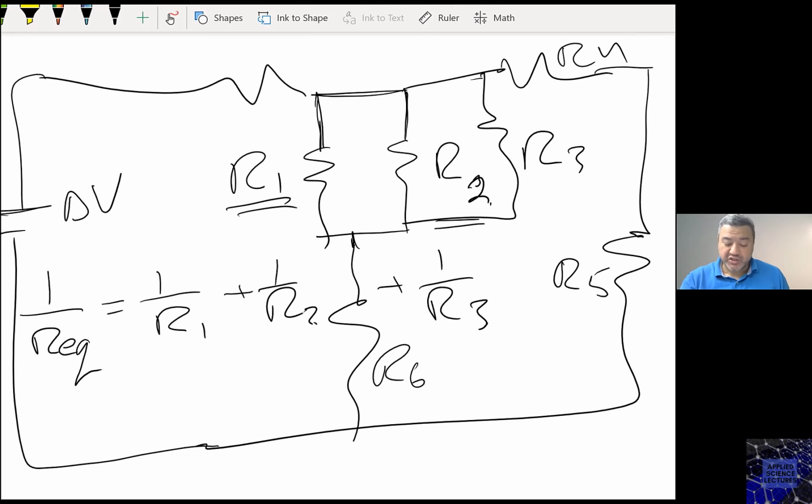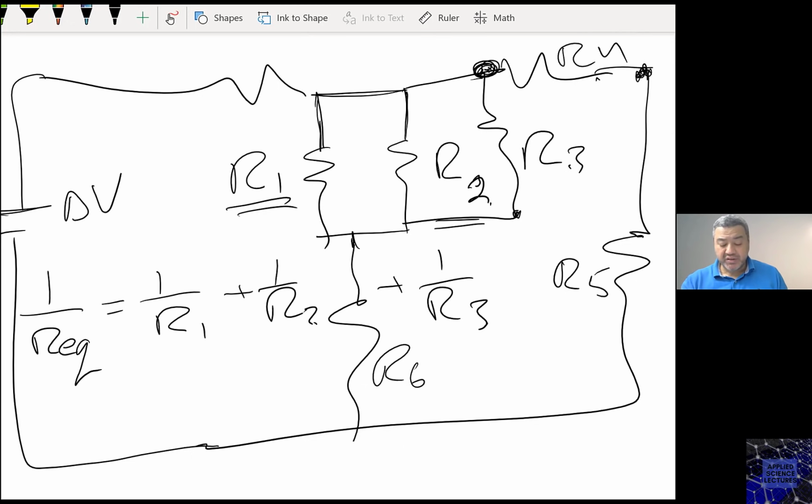Why? Because it's not sharing both terminals or both nodes here. As you can see, it is only sharing one node here. This other one is going through R5. So R4 and R3 are not in parallel.